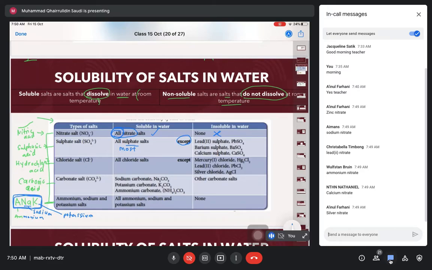So if I ask you, does zinc sulfate soluble in water or not? Yes, good. Because zinc sulfate is not in here. So other than lead 2 sulfate, barium sulfate and calcium sulfate, all sulfate salts dissolve in water ataupun dikenali sebagai soluble salts. Clear?